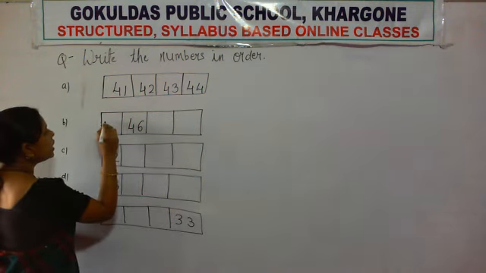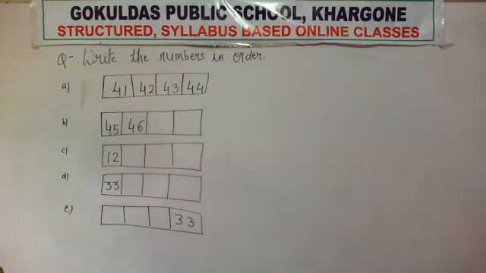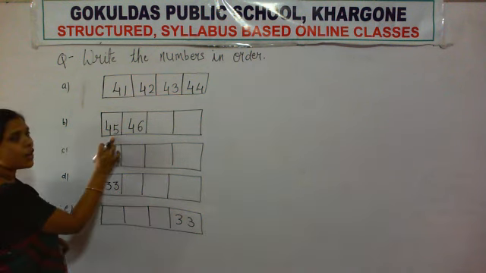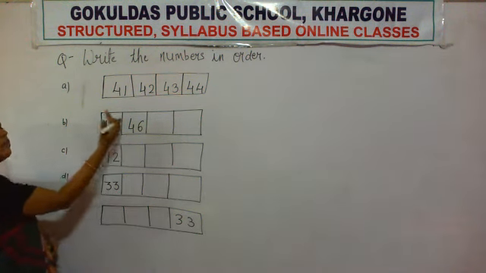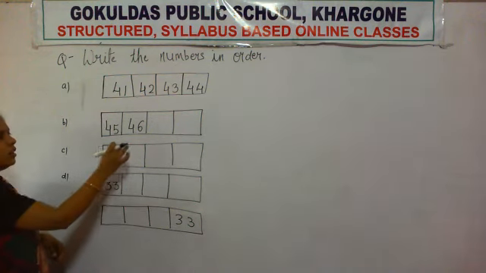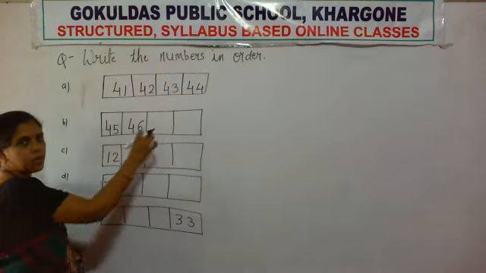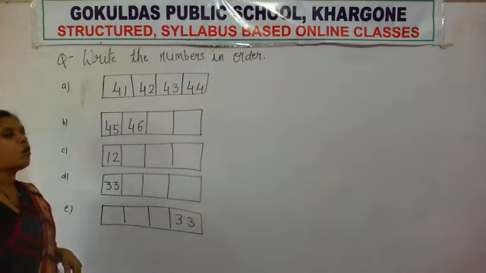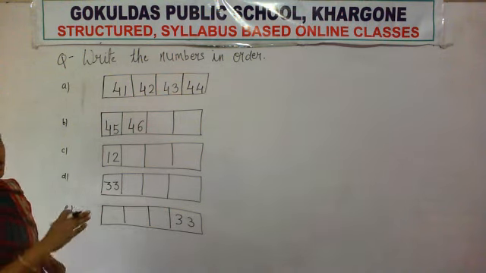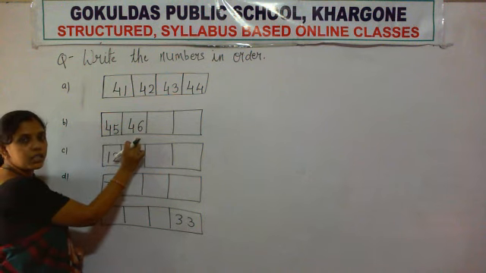Very good. 45. Why have we written 45 here? Because the box before is empty, that's why we have to write the before number. Now in these boxes we have to write after numbers. Why? Because the boxes are empty after 46.